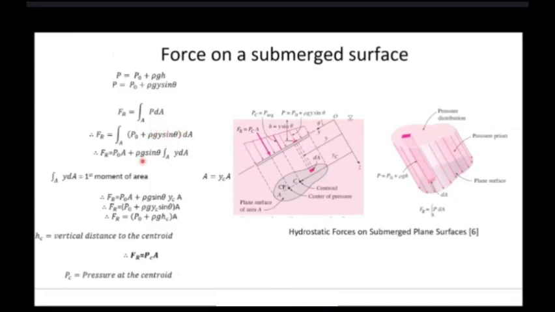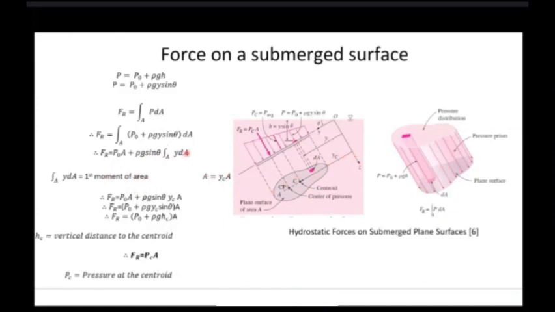Therefore, I can bring that outside of my integral sign. So we're going to integrate over the area of y dA. Now, the integral over the area of y dA is known as the first moment of area. The first moment of area would be this area times the distance to the centroid, and I've called that YC in this diagram. So YC times A, that's the first moment of area.